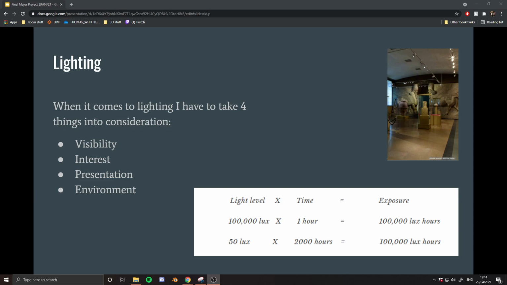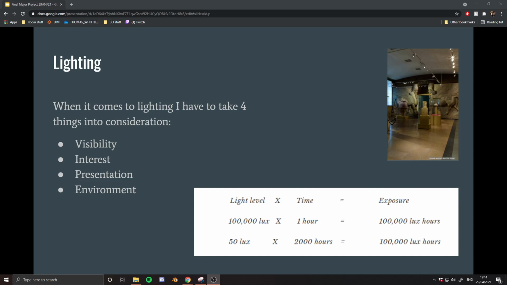I need to factor this into my exhibition because I want to make it look as realistic as possible. I think the way I'm going to do this is by using an HDRI of a gallery or a museum to make sure the lighting is matched, and then using highlight spots for the models. Therefore, it'll allow people to realise which parts are important and which parts aren't.